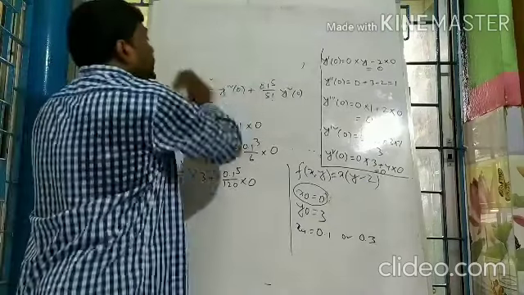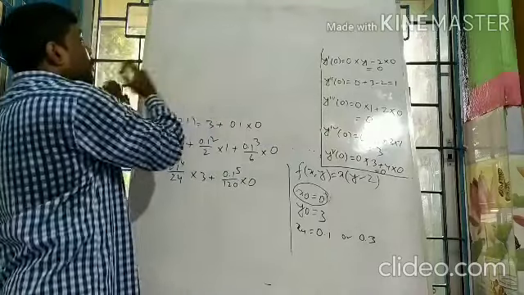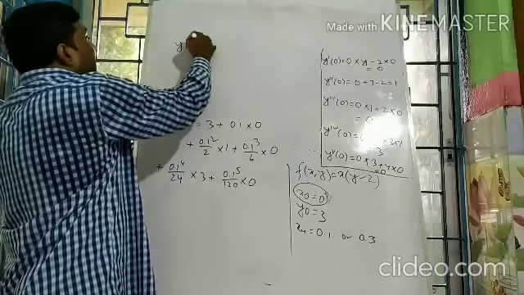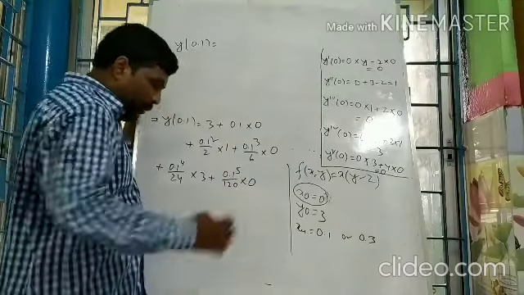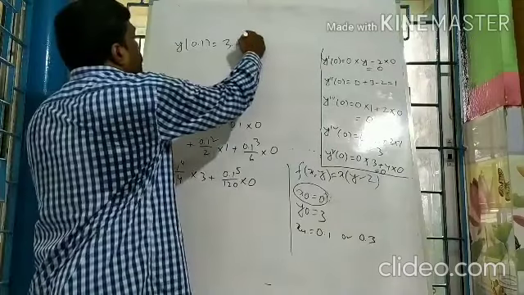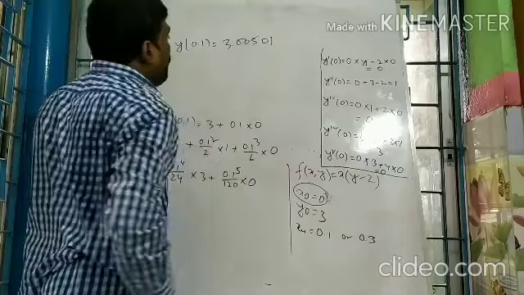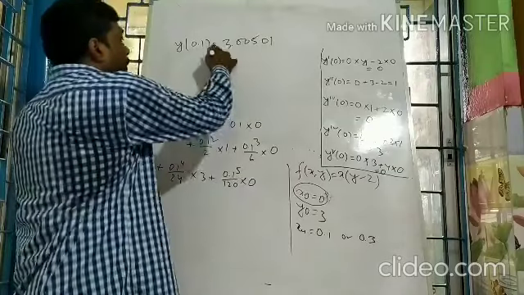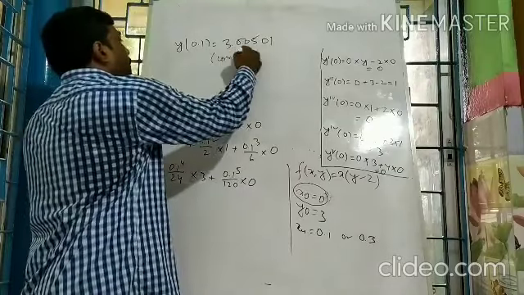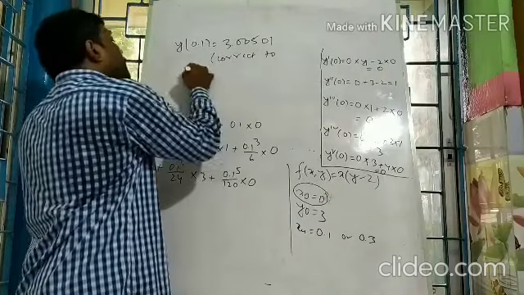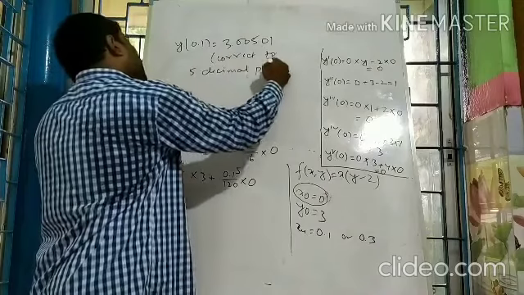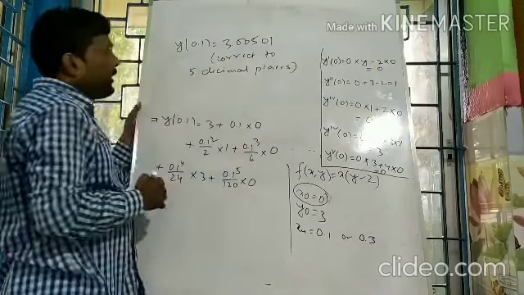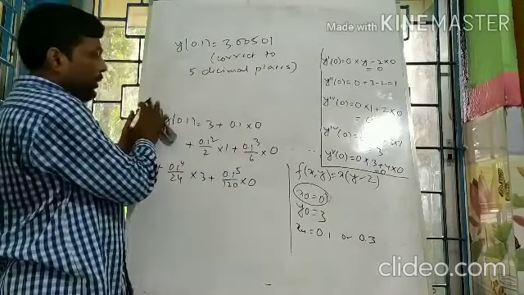So y(0.1) equals 3.00501, correct to 5 decimal places.